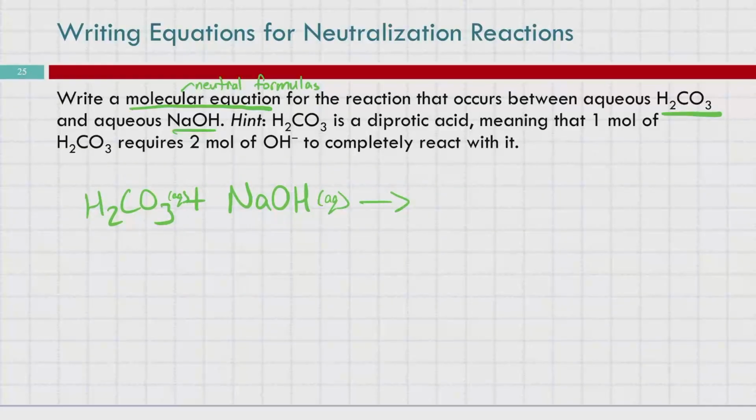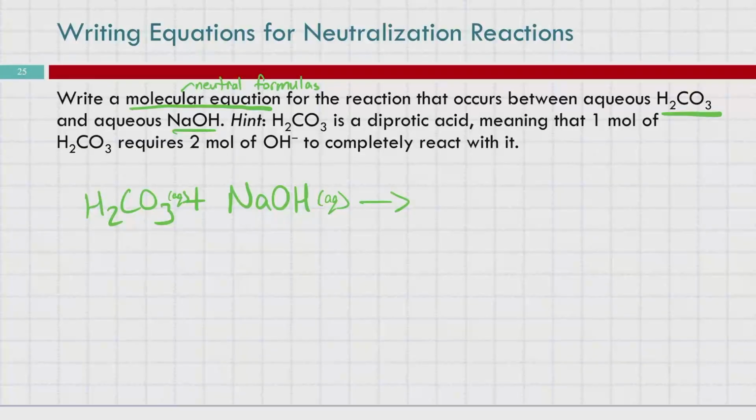Which one of these, the left or the right, is our acid? Left, why? It has H in front. H in front means that it's the acid. So this is our acid. It's carbonic acid from carbonate.